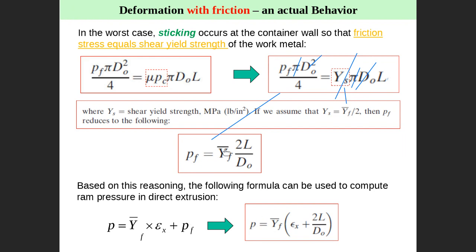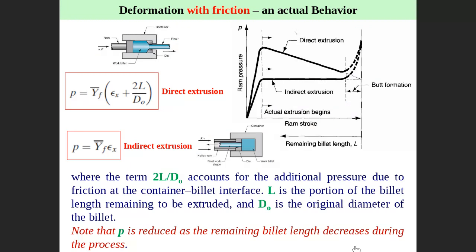Then you can see Y bar flow can be taken as a common factor, multiplied by epsilon x plus 2L divided by DO. So this is the equation to obtain the pressure in case of direct extrusion. Then we can conclude that we have two equations.